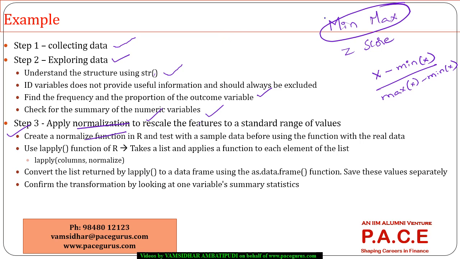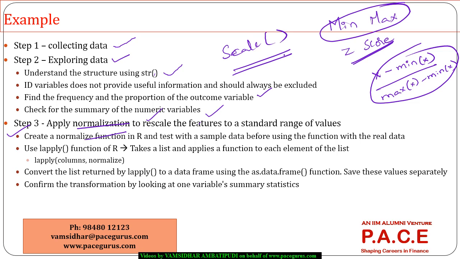If we want a min-max normalization, I don't have a direct formula in R, so I am writing my own function based on the theoretical formula that I am already aware of. But if I want to do a z-score normalization, we have a function called scale. So when we do a z-score normalization later to compare between the models, we will use the scale function.